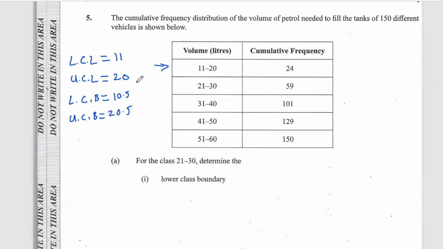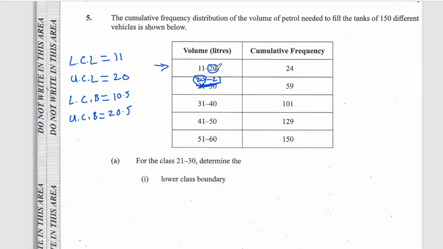Now, sometimes our boundaries and limits could be the same, and the only time that happens is if the two values are the same. For instance, if this were 20 to 20, the same number, we could say 20.5 as a boundary.